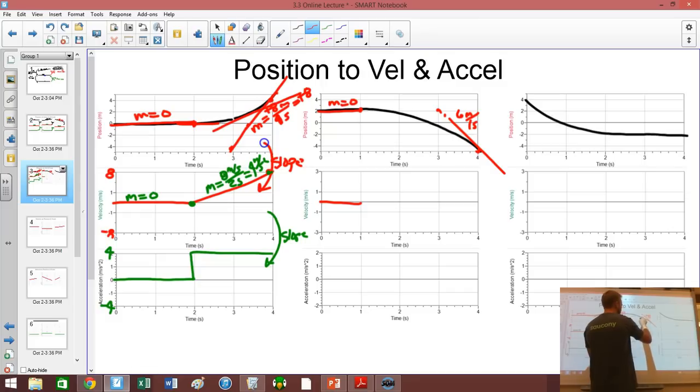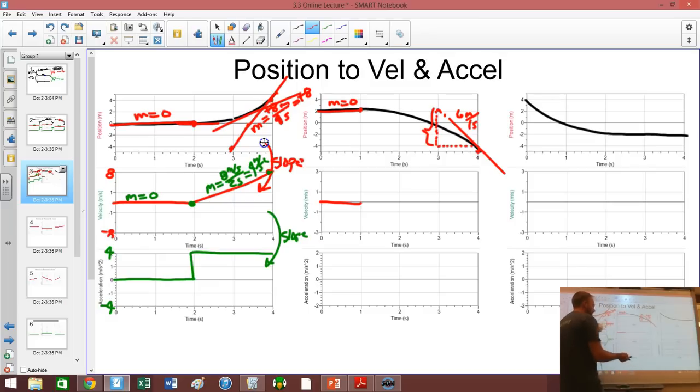Because I'm traveling, if you notice here, it looks like I go down. Again, there's my down. I'm going in the negative direction, 6 meters in 2 seconds. So I have a slope of 6 meters per second. So I got to end at a negative 6. So I'll make this negative 6 like that. Assuming it's uniform acceleration.